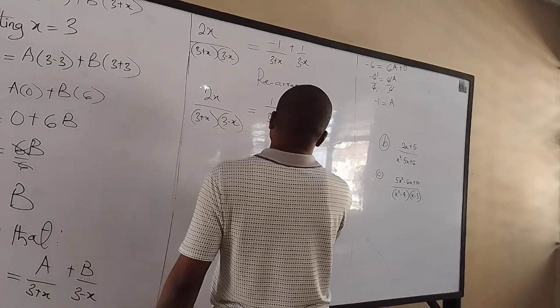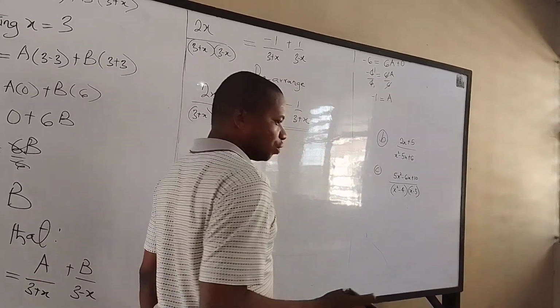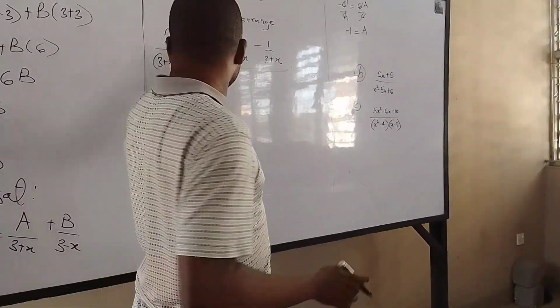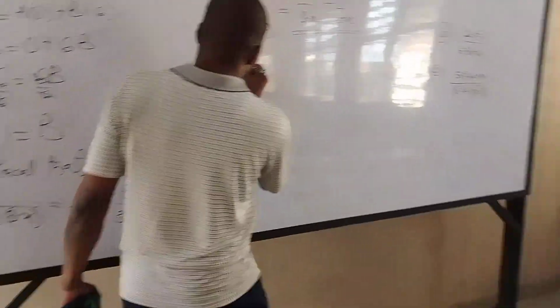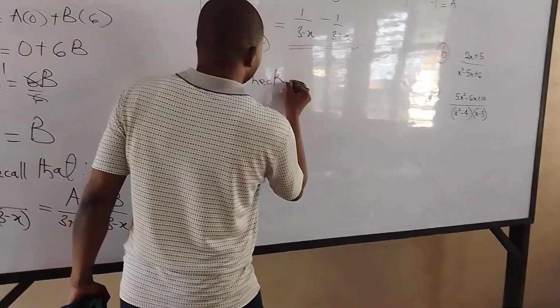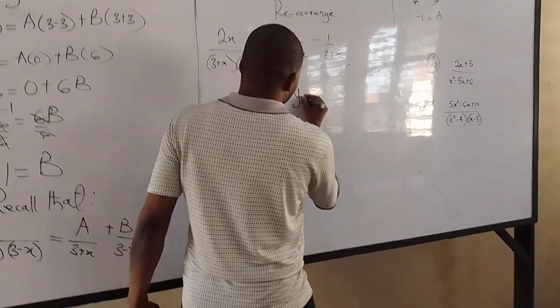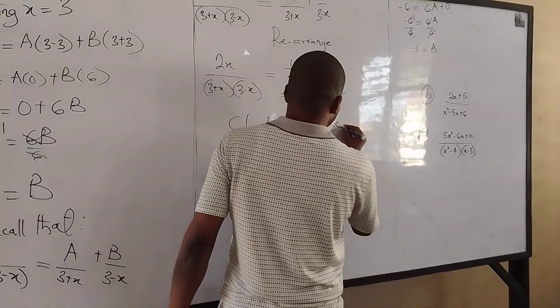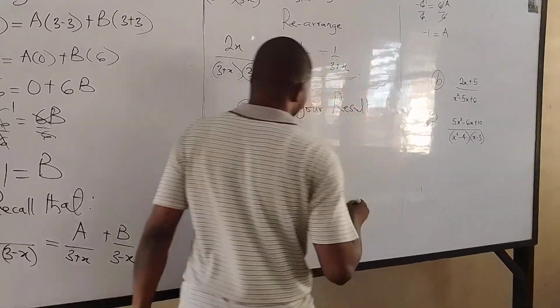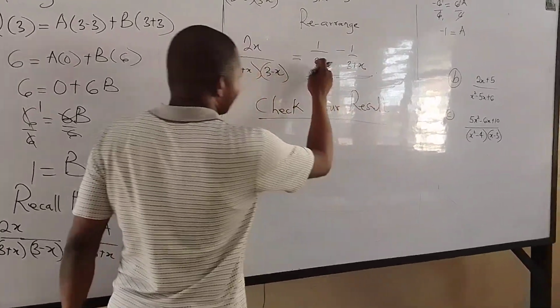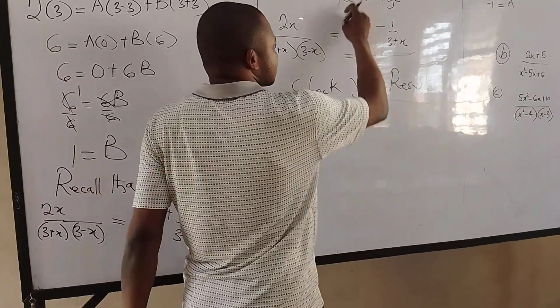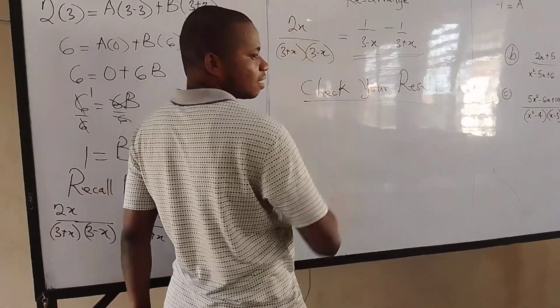This is the answer. Now I can prove to you that what we got is equal to this. That's what we call checking of results. Check your result. We want to check now, to find out that this answer we got is the same thing as what we're having here.